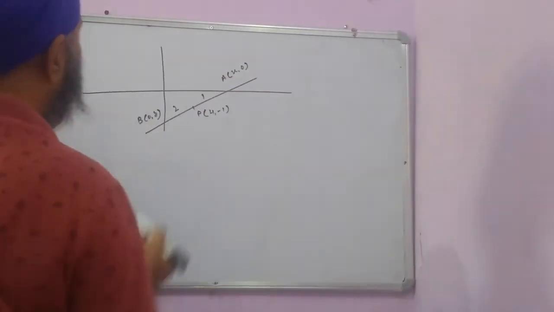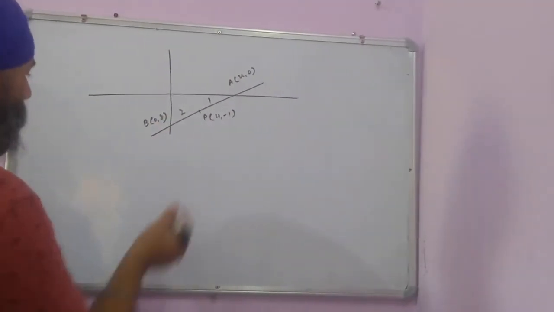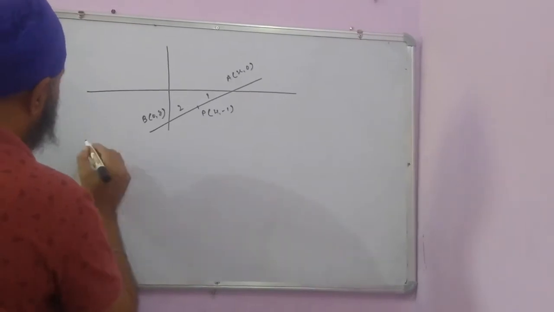So from here, we can find the coordinates of x and y. What is 4 equal to by using section formula?